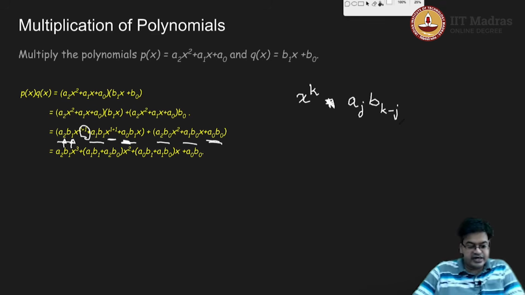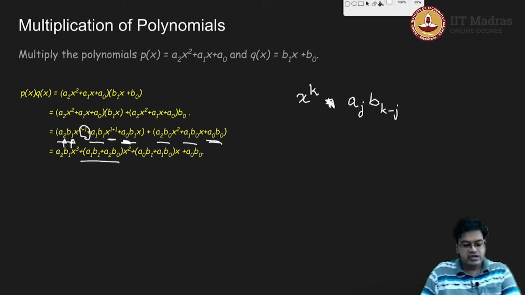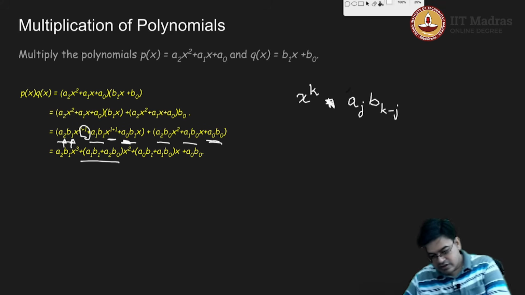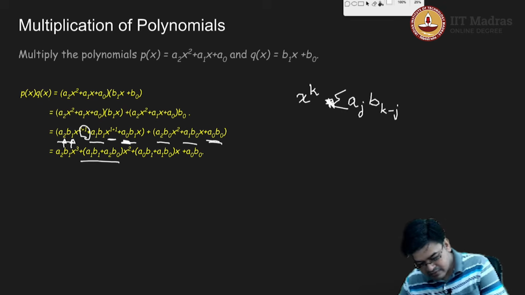So once I have rewritten this sum, my analogy is further amplified. For example, if you look at the coefficient of x square, yes, it is a1 b1 and a2 b0, which is the coefficient of x square. So this means if I can sum over this j from 0 to what point?